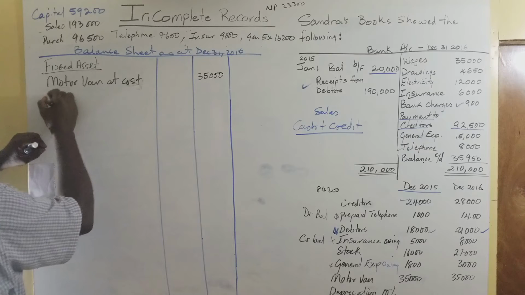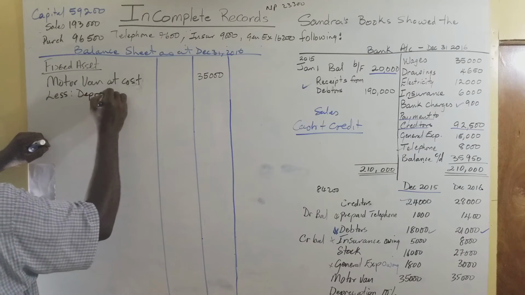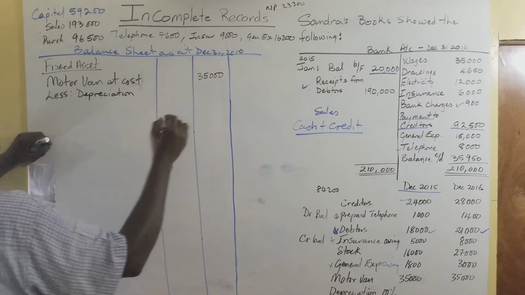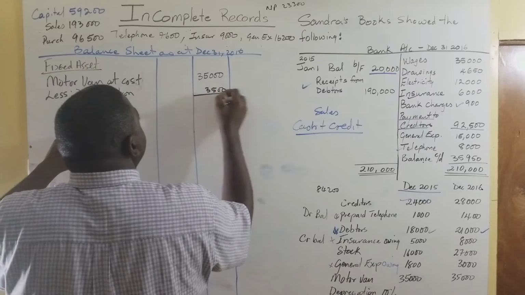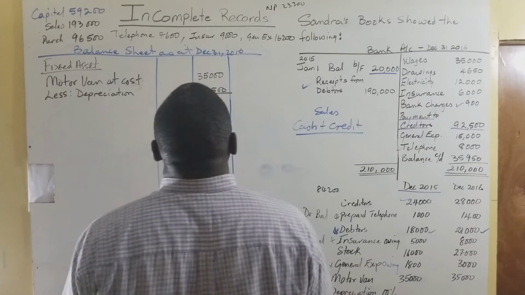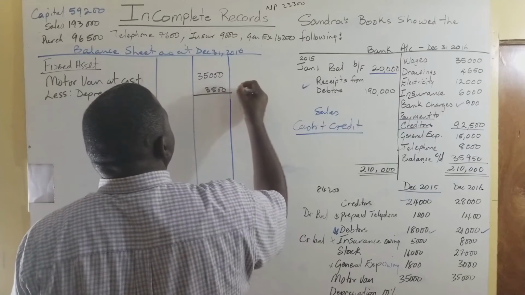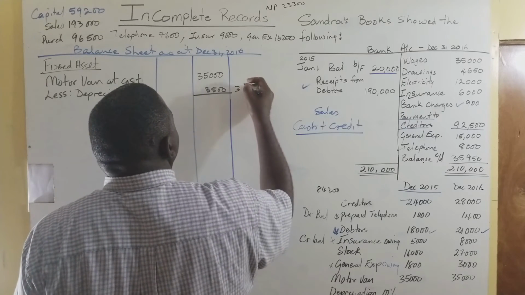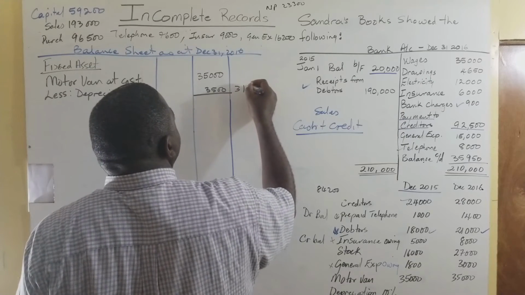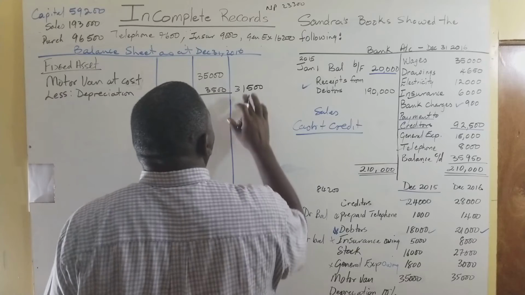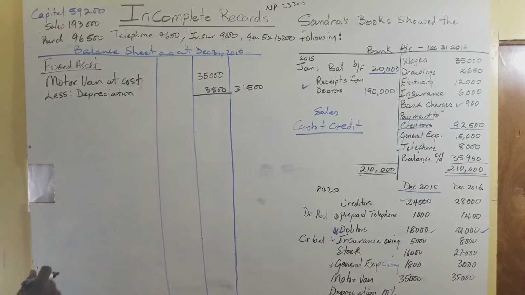And we're going to subtract the depreciation. Depreciation is 3,500. When we subtract that, we're going to get 31,500.